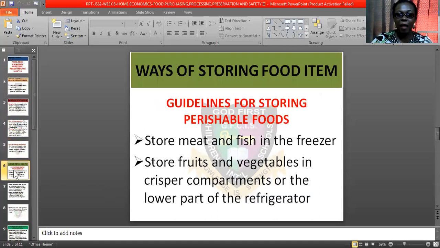Now let us look at another subtopic: ways of storing food items. How do we store food items? Number one, I want us to look at the guidelines for storing perishable food. From our week one, we studied perishable, non-perishable and semi-perishable. The guidelines on how you can store your perishable food: number one, you store meat and fish in the freezer compartment.